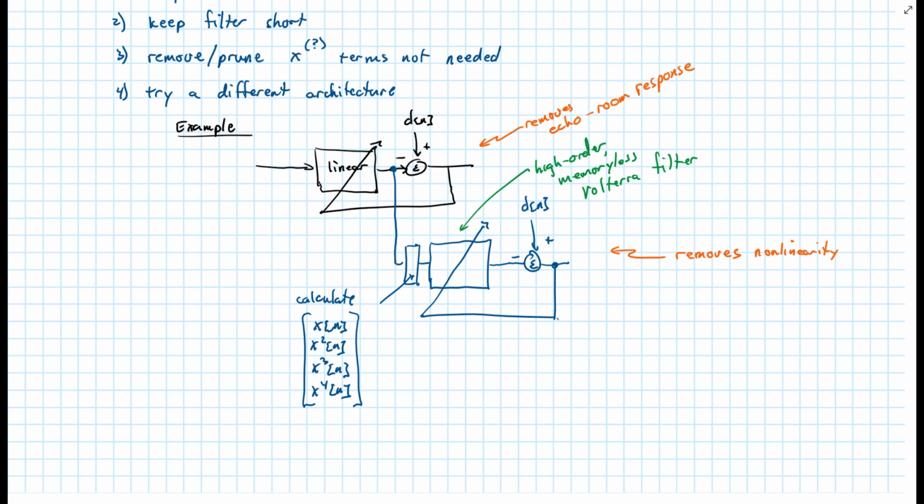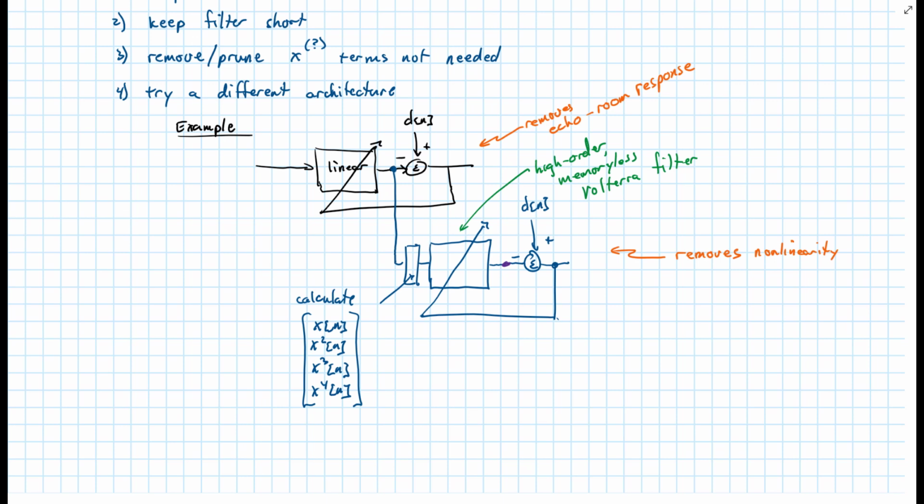Finally, we take our output right there. Actually, it depends on our application. I guess for the echo, we would take our output right over here.